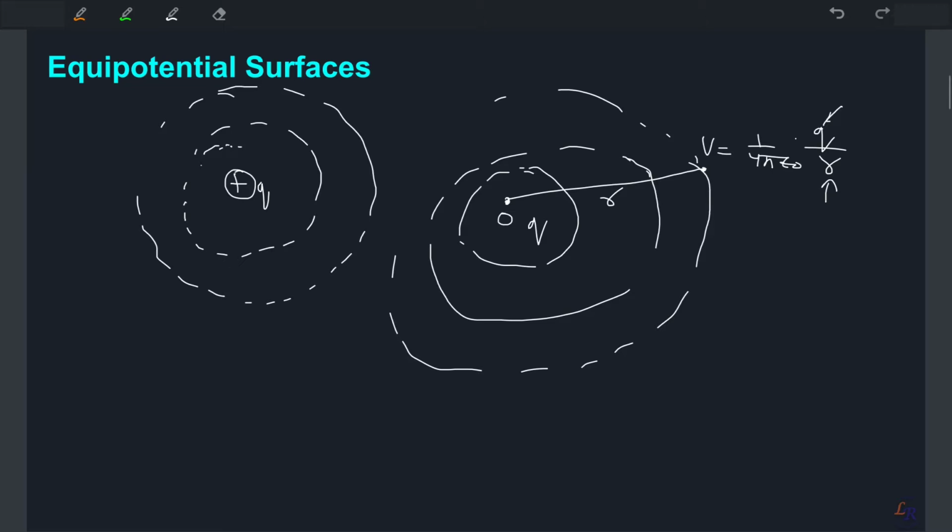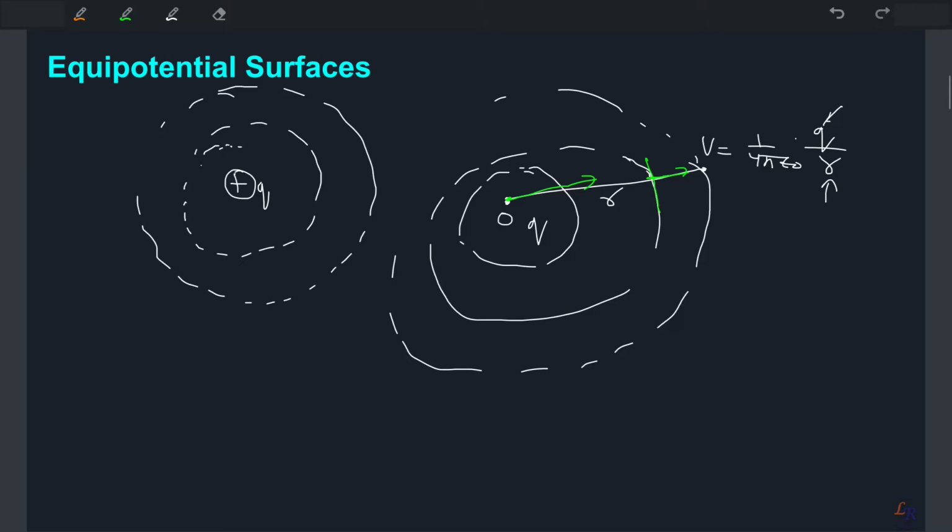So for example, concentric spherical surfaces will have equipotential. From here we also get a very important point: for a point charge, the electric field is always radially outward or inward, depending upon whether the charge is positive or negative. But the interesting point to note is that this electric field direction is perpendicular.